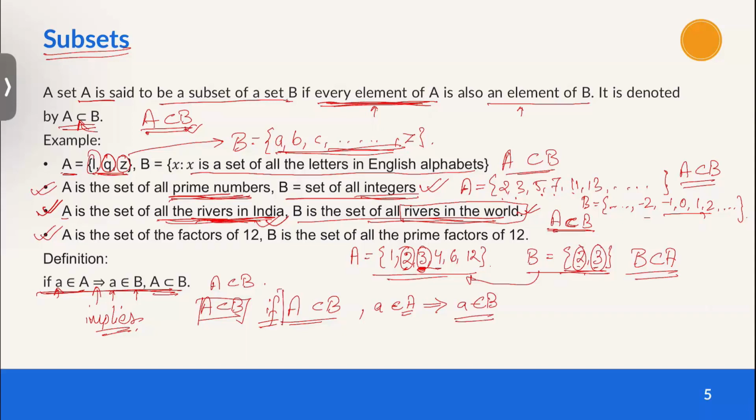So if this holds, then this condition must be satisfied. If A is a subset of B, the elements of A must be there in B. So this line says a belongs to A implies that a belongs to B, where capital A and capital B are set A and set B.